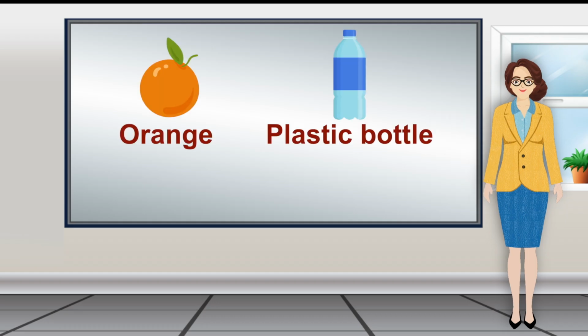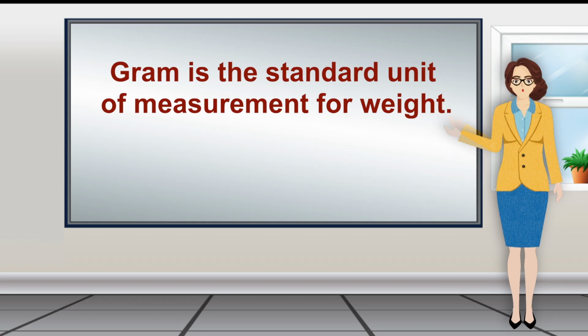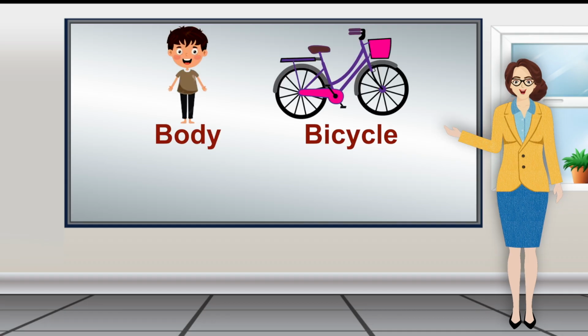For measuring the weight of small objects or small quantities like the weight of an orange or a plastic bottle, we use a bigger unit of grams. Gram is the standard unit of measurement for weight. For measuring the weight of heavy objects like the weight of our body or our bicycle, we use the unit of kilograms.